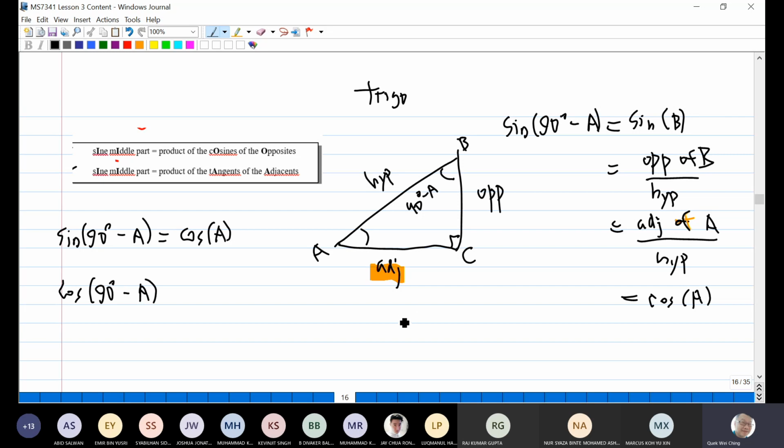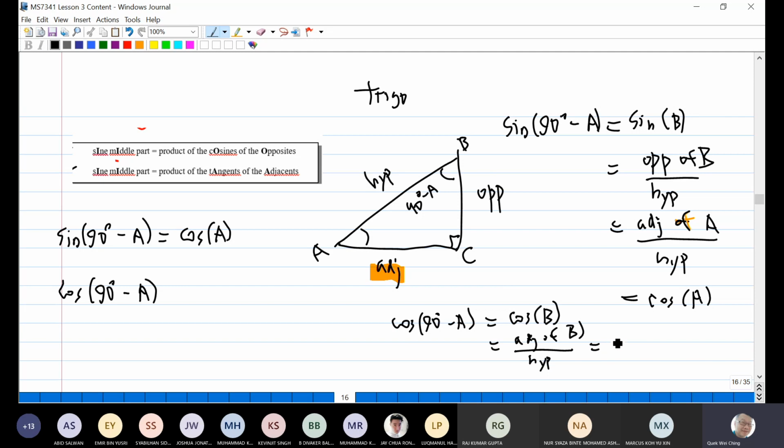Cosine of 90 minus A is actually cosine of B. Cosine of B is adjacent of B over hypotenuse.